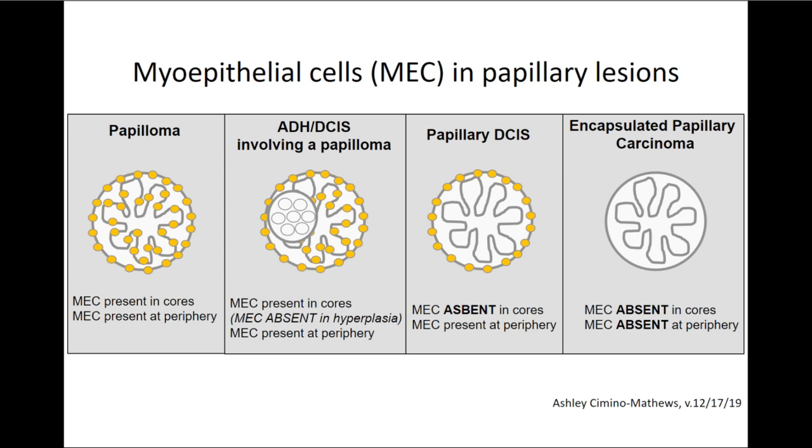I hope that addresses that: calponin, smooth muscle myosin heavy chain, and looking at the pattern, if it's basally oriented, linear, lining the epithelial layer, like below the epithelial layer.